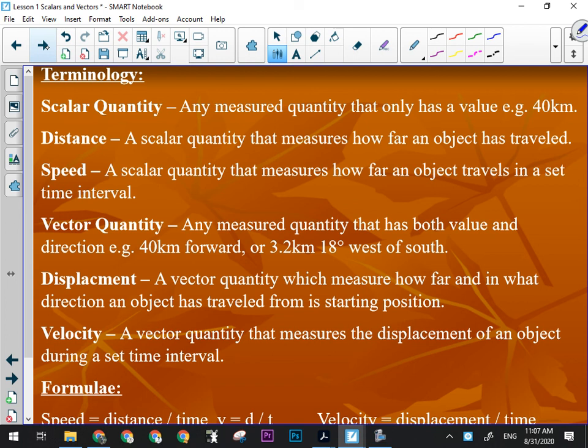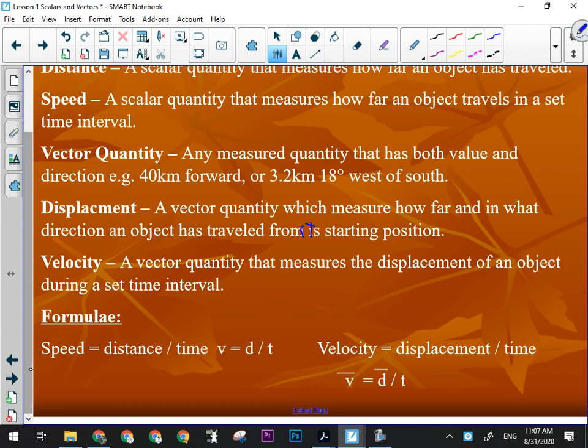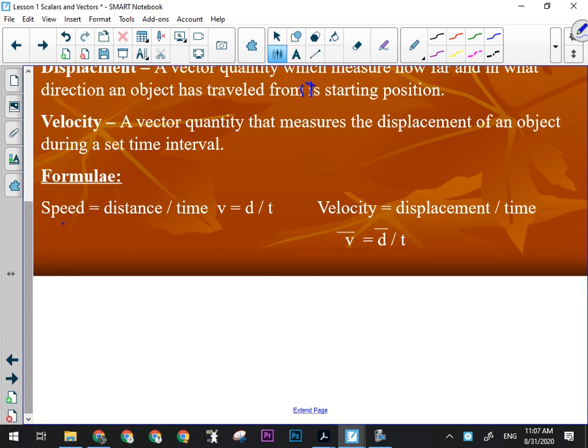Displacement: a vector quantity that measures how far and in what direction an object has traveled from its starting position. And then velocity: a vector quantity that measures the displacement of an object during a set time interval. Our formulas are obviously v equals d over t, speed is distance over time, and velocity is displacement over time, which we can also write expanded out to look like this: final position minus initial position over time.